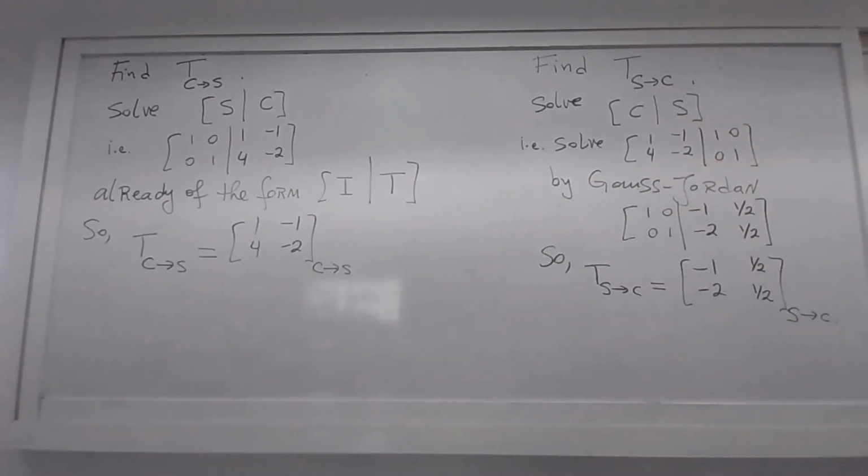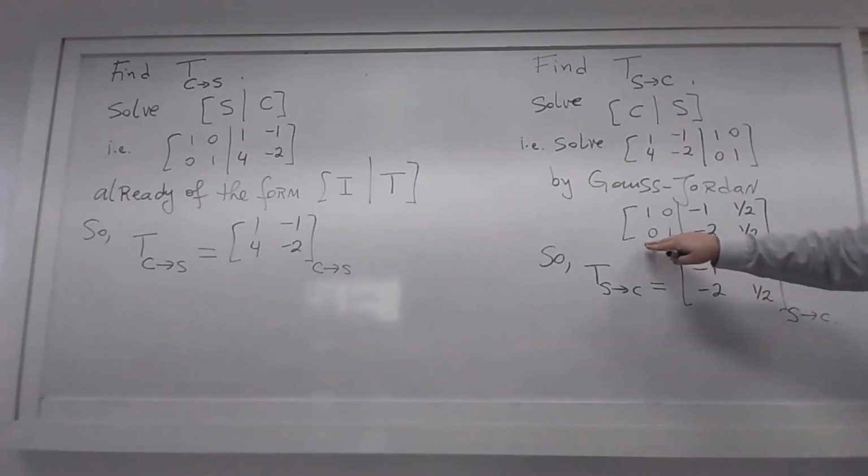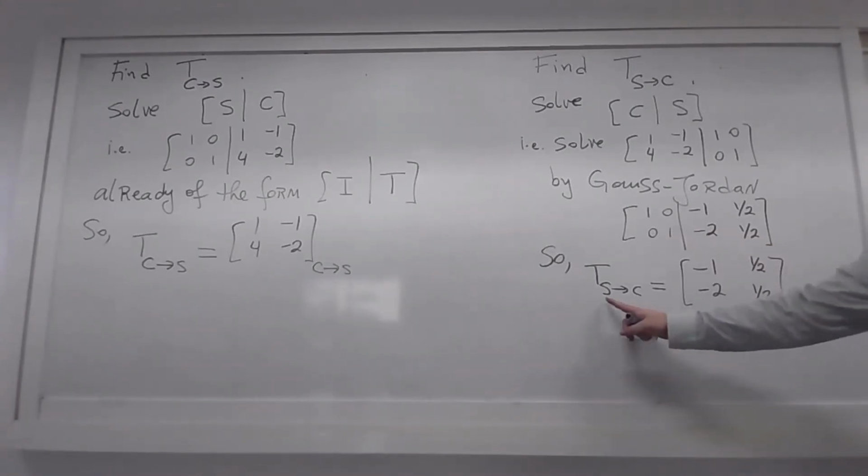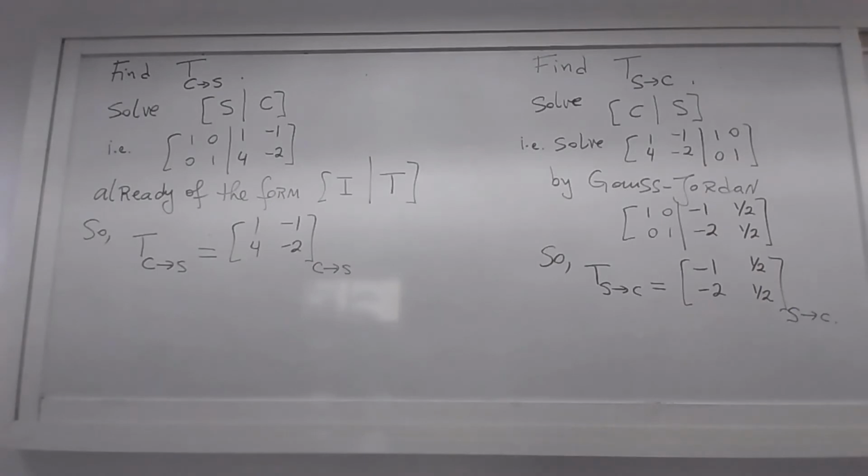Right? Straightforward. Now I use Gauss-Jordan again to solve. And once I solve it, I get the form identity slash something. That something is automatically the transition matrix from standard basis to basis C. So those things are done very easily.